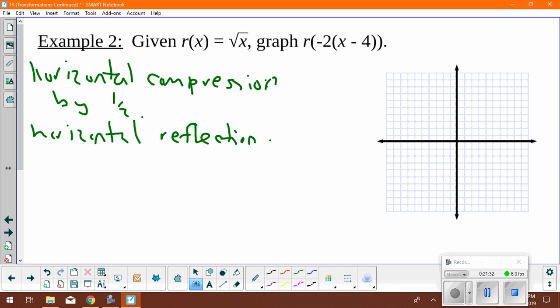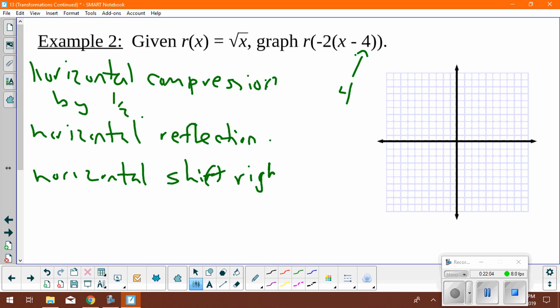Those two things can go together when we do a transformation. And finally I have a horizontal shift. Again, the d value, the actual shift value, is 4 because it's minus d. So this is going to be to the right 4.